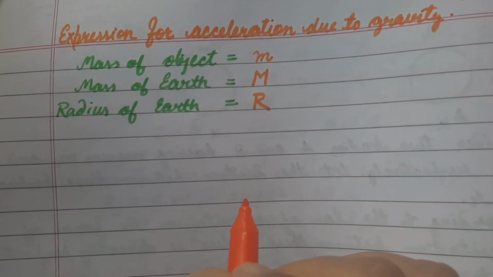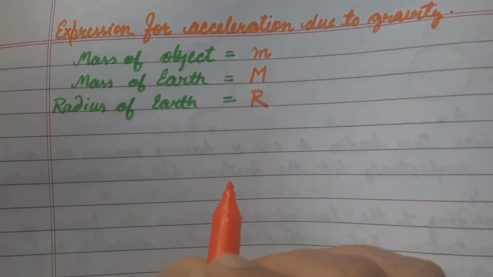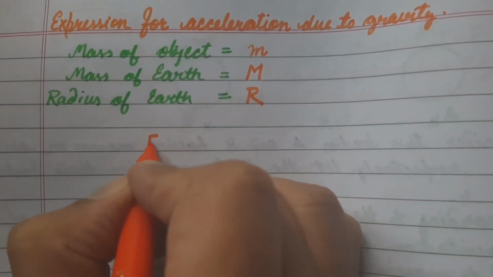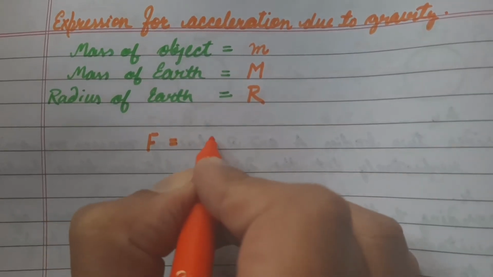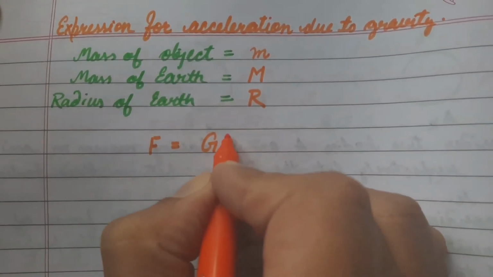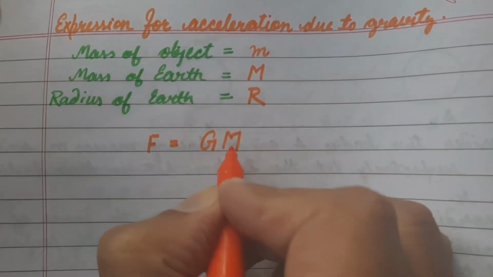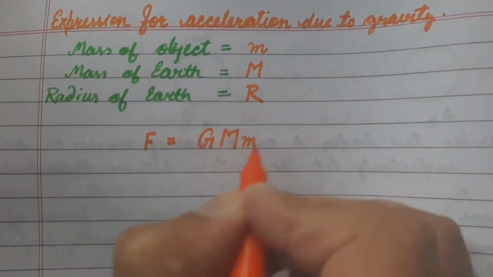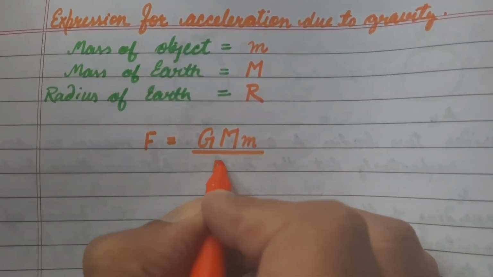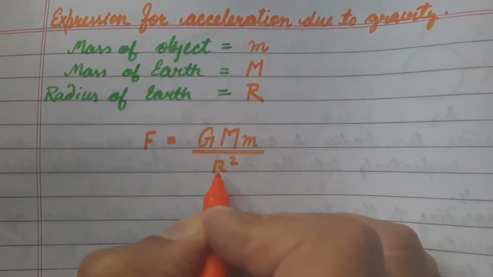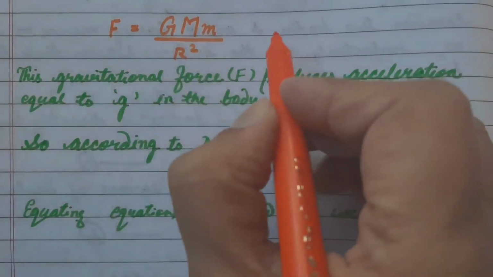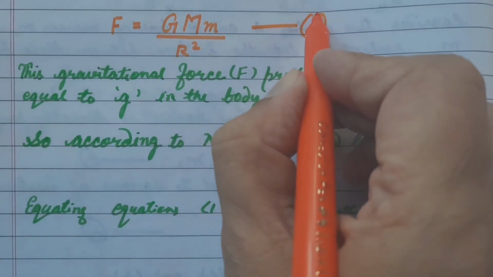The magnitude of the gravitational force acting on the body due to the Earth is given by F equals G M m upon r squared, where G is the universal gravitational constant, M is the mass of Earth, m is the mass of the object, and r is the radius of Earth. Consider this as equation 1.